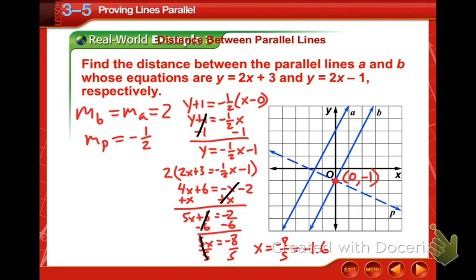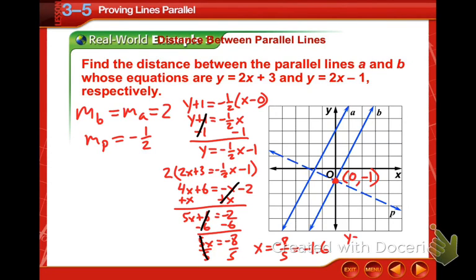Okay, so now we need to find our y, so we can plug that back into either equation. Since our A equation has no decimals or fractions in it, it's a little bit easier.